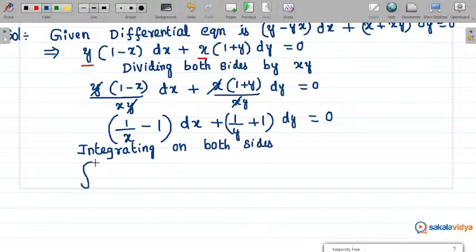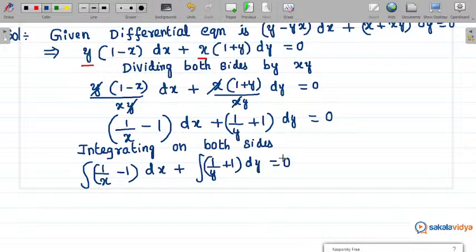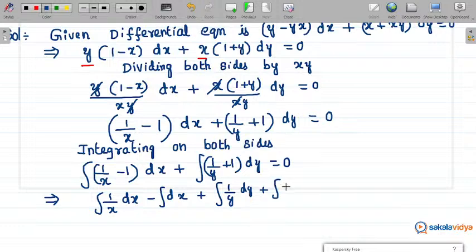We have integral of (1 upon x minus 1) dx plus integral of (1 upon y plus 1) dy equals 0. So this can be written as integral of 1 upon x dx minus integral dx plus integral 1 upon y dy plus integral dy is equal to constant of integration.